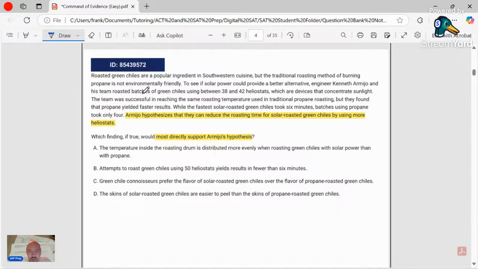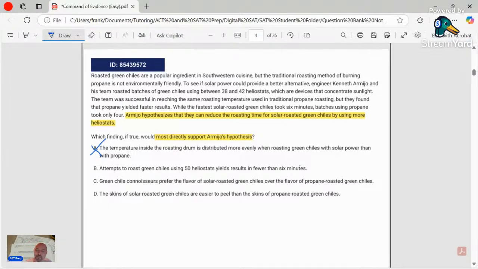The temperature inside the roasting drum is distributed more evenly when roasting green chiles with solar power. Well, the hypothesis says reduce time, not distributing more evenly. So that one's out. It's got to be about reducing time. Attempts to roast green chiles using 50 heliostats yield results in fewer than 6 minutes.